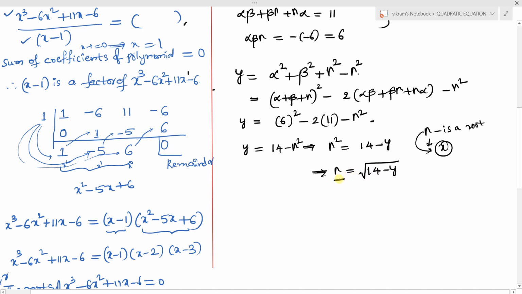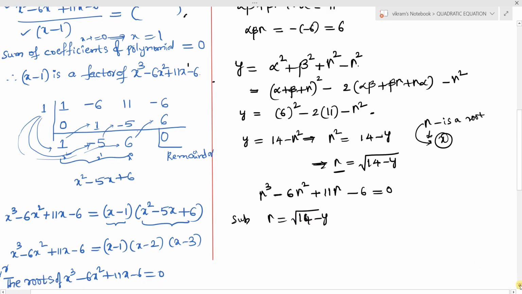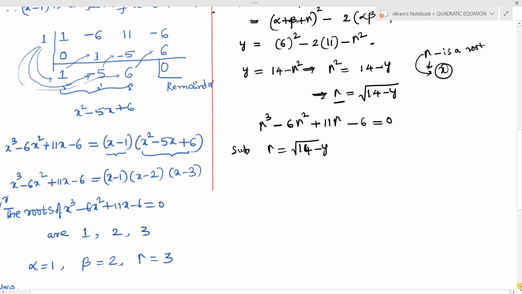If gamma is a root, it has to satisfy the given polynomial, so we can write gamma cube minus 6 gamma square plus 11 gamma minus 6 equal to 0. Now substitute gamma equal to the square root of 14 minus y.